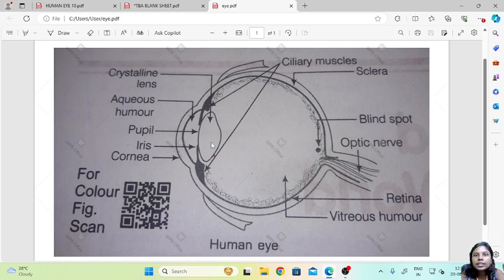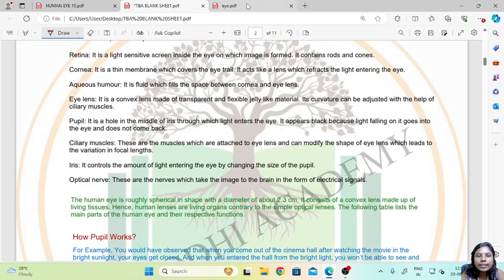That is because a lot of light is entering the eye. So it is trying to shrink and reduce the amount of light that is entering inside. If the amount of light entering is very less, then it will open up more. So that is the function of the iris, that is to control the amount of light that is entering the eye.